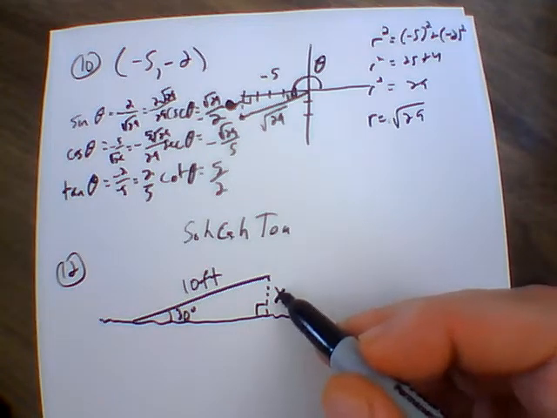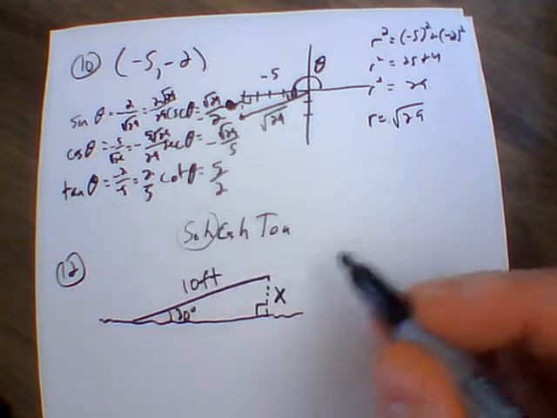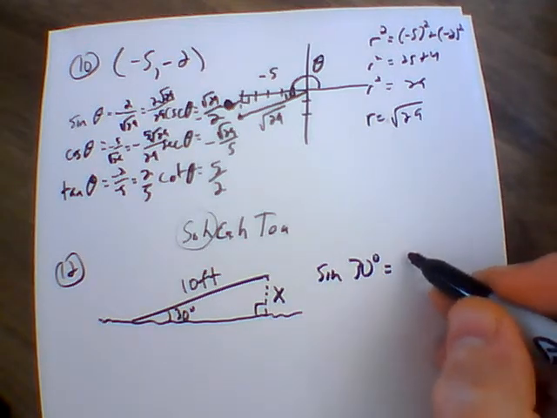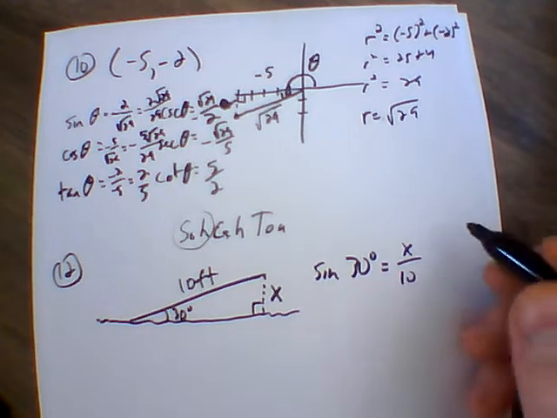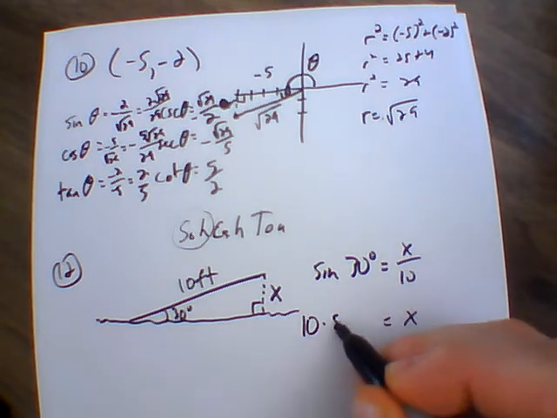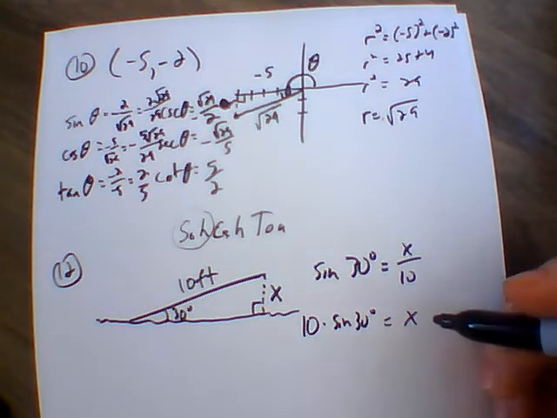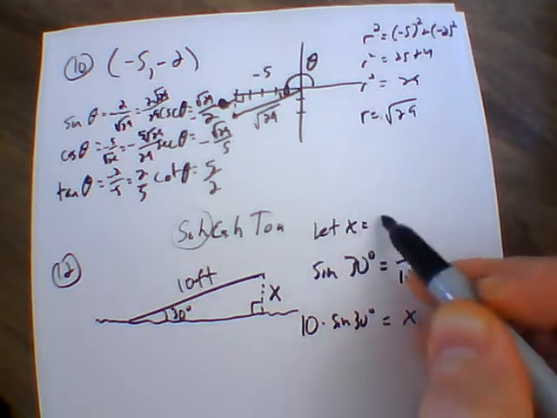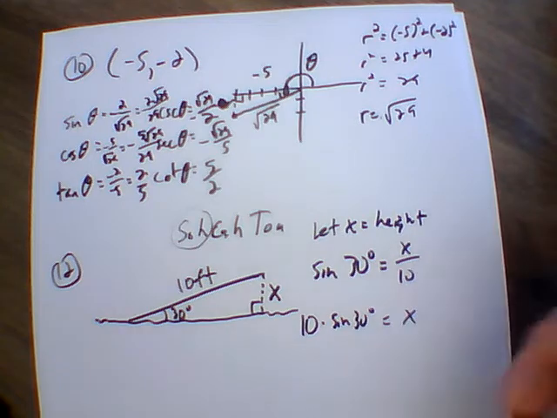So if we're finding the opposite and hypotenuse, that relates to sine. So I state sine of 30 degrees equals x over 10. So that means x equals 10 times sine of 30 degrees, where x is our height.